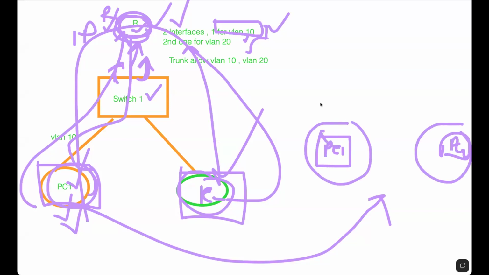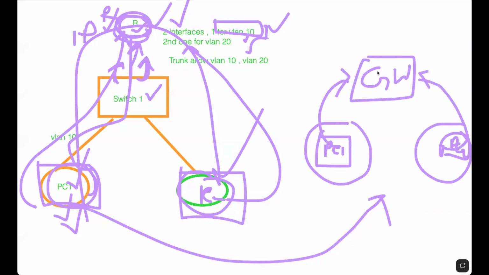If it wants to go outside of its network, it has to talk to a gateway. And if this wants to talk to the outside network, it has to talk to the gateway. And this gateway is nothing but the router. So the router is where you will define your gateways, and this router will help to communicate between this PC and the other PC between the subnets. Okay, so that's what we are trying to accomplish.